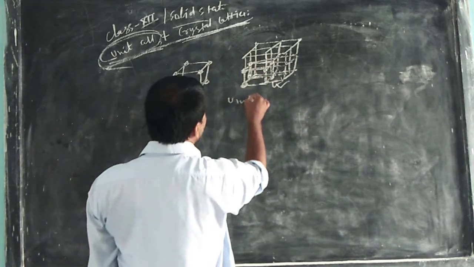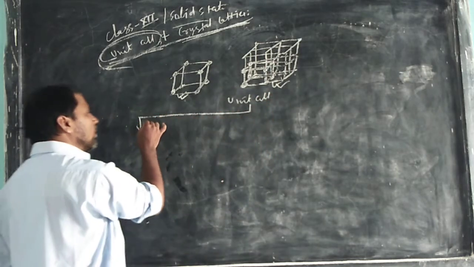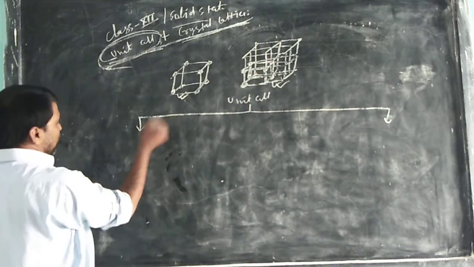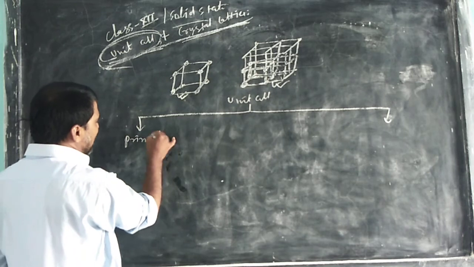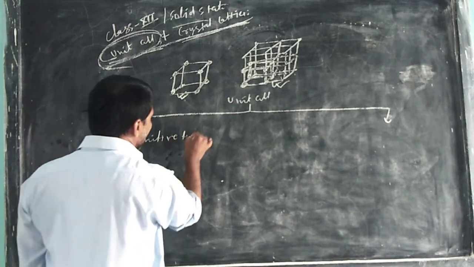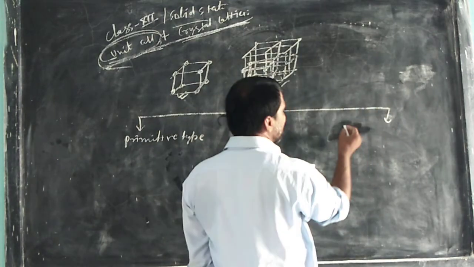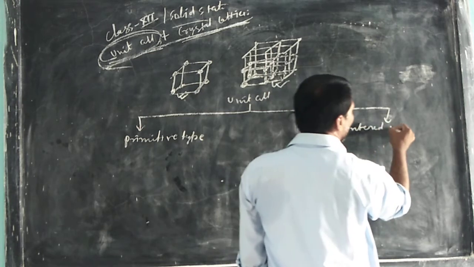Now, we classify the unit cell. Unit cell has been classified into mainly two types: primitive type of unit cell, and second one is centered unit cell.